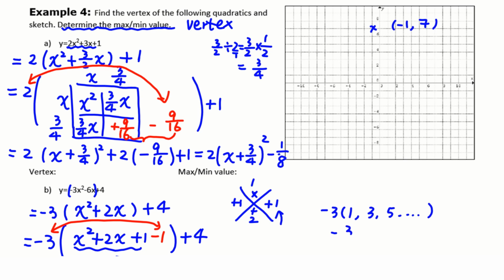So -3, -9, -15. Then we go right one, down 3, right one, down 9. Then do the same thing, it's symmetric, so left one, down 3, left one, down 9. Then connect them, and you have the graph.